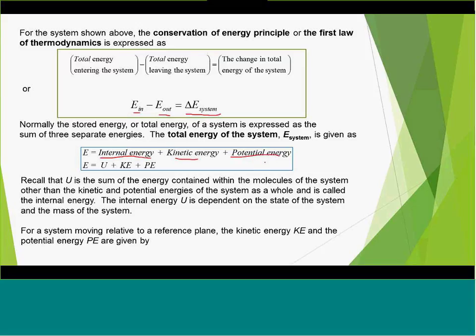So if you have changes in energy, you're going to have delta U for internal, delta K for kinetic, and also delta P for the potential energy.